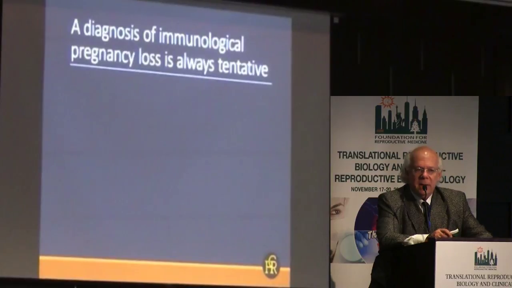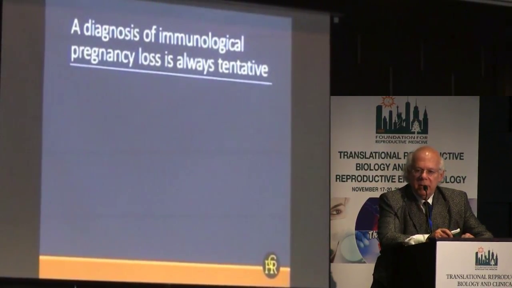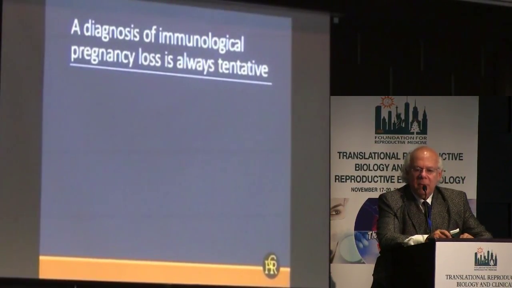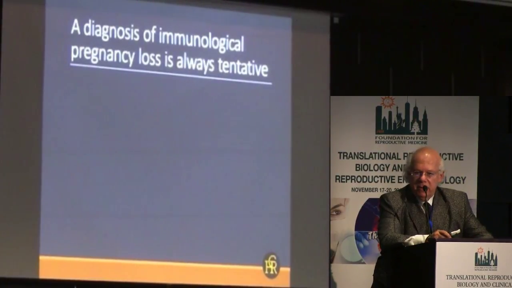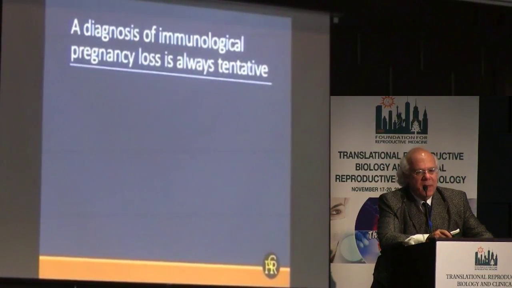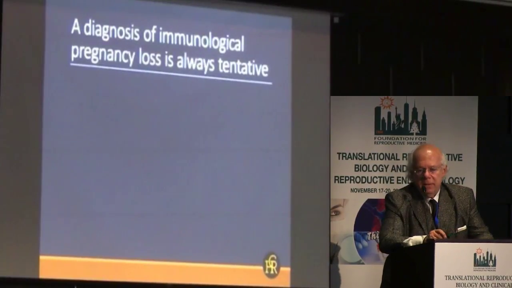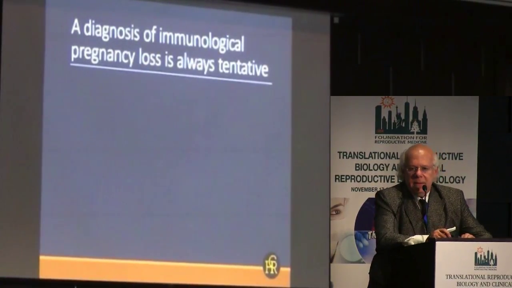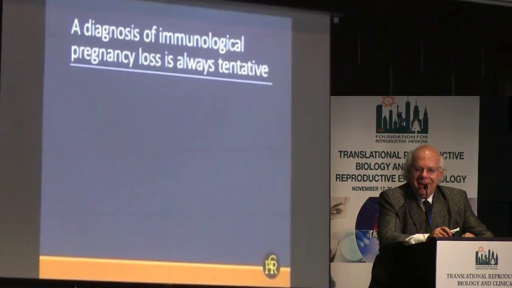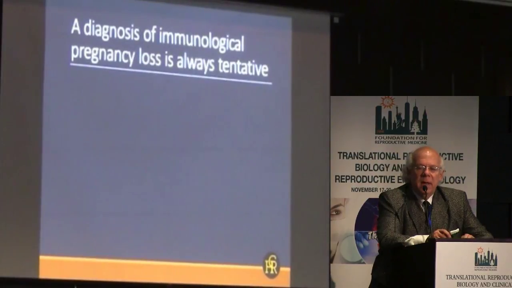But I also want to tell you that the presence of a chromosomal abnormality is also not proof that the pregnancy loss is chromosomal in nature. Indeed, there is significant evidence in the literature, mostly in the autoimmune literature, that the presence of autoimmunity in the mother appears highly associated with an increased aneuploidy risk.